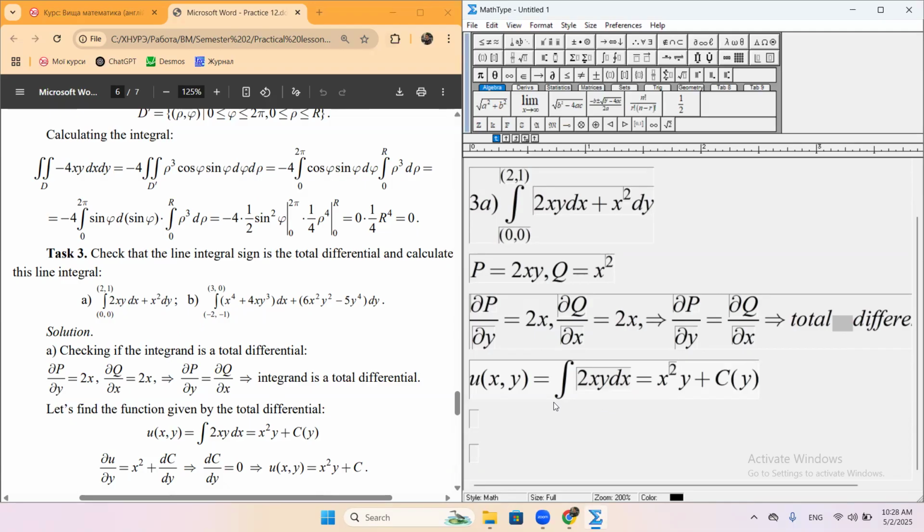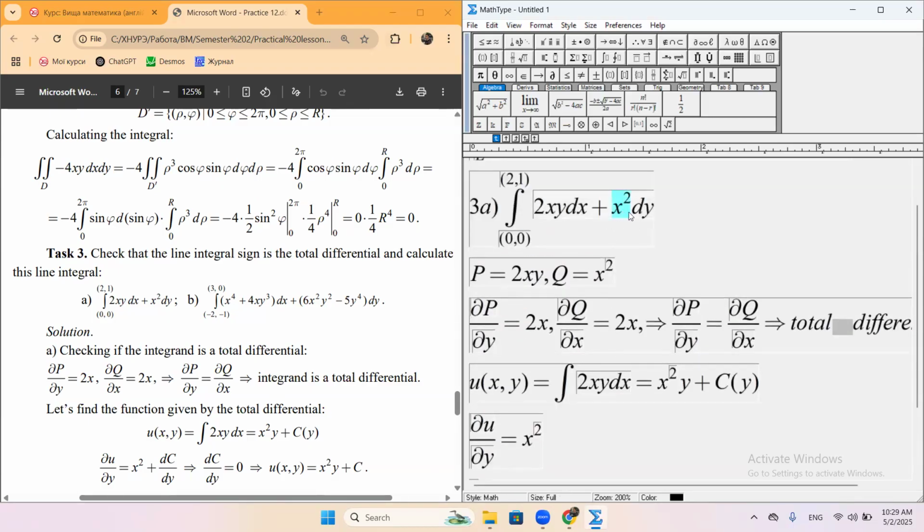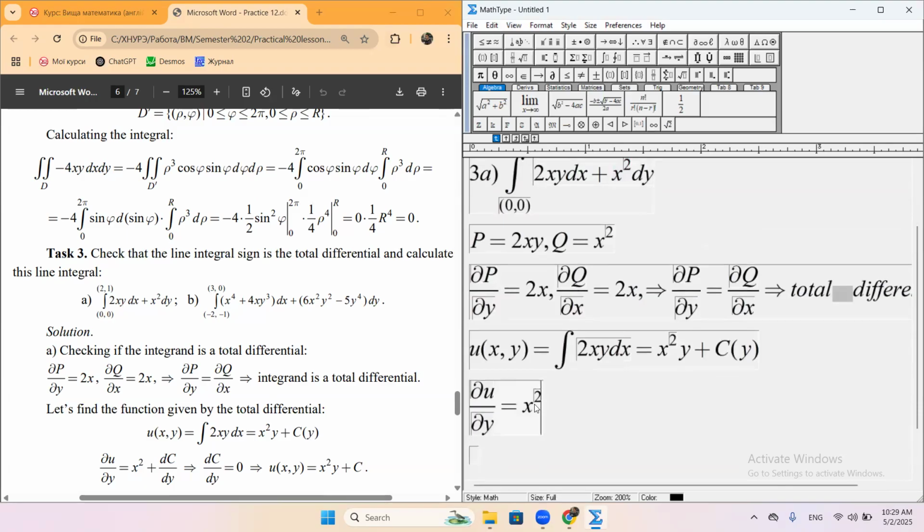We don't know which of them, but we will find it. So now let's differentiate by y. So du by dy will be equal to x square, which is equal to this expression, and plus also dc by dy.